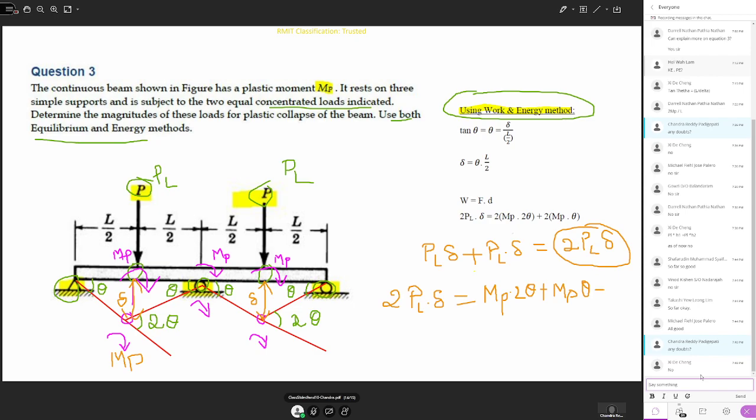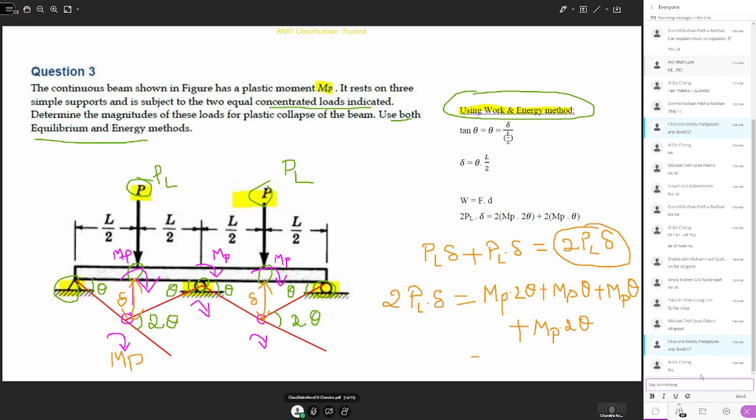So you can write MP into theta plus the work done due to the moment at this point, again MP into 2 theta. Here the angular displacement is 2 times theta. Now you can add up these things.